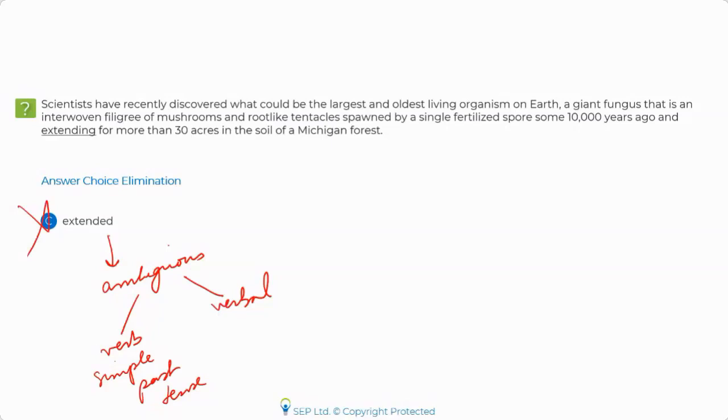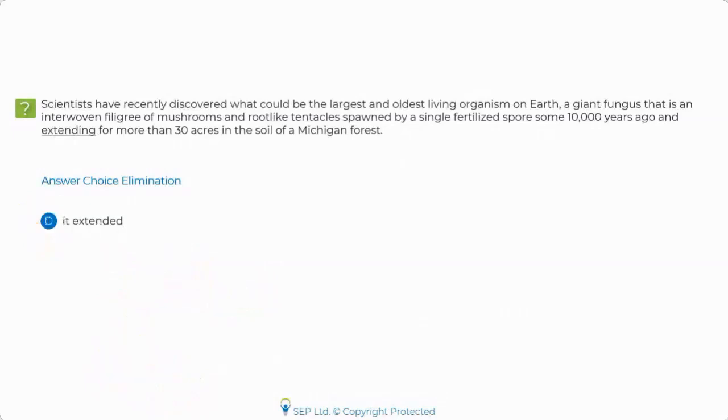Again, majority of you marked B and C. It extended, again, you're introducing a new clause by using it extended, not parallel, guys. What extended? You're saying the filigree extended or the giant fungus extended? Because after and if you're using another it, it means you're introducing a new clause, and that wouldn't be parallel.